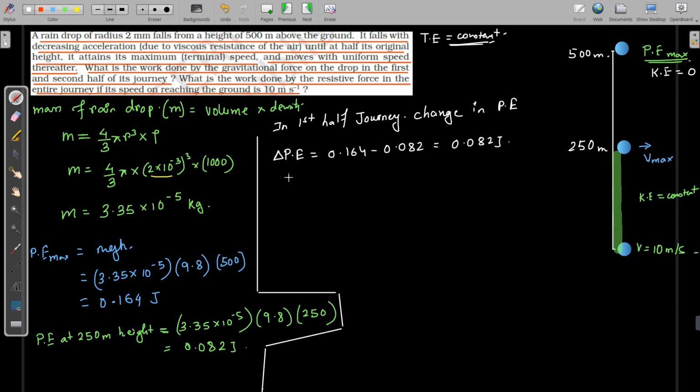This is what? That is equal to work done by gravitational force.